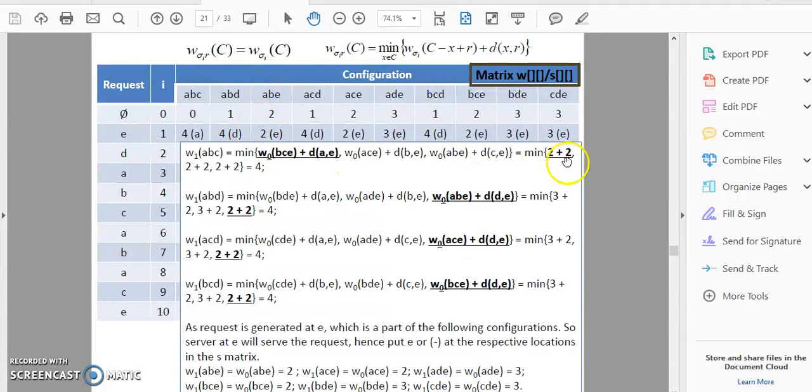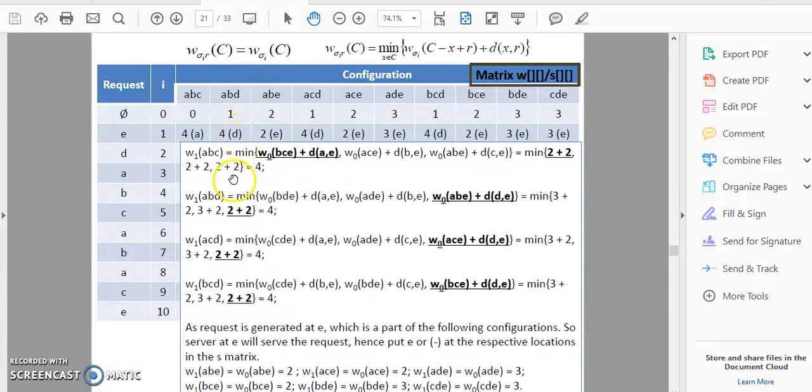So 2 plus 2, and all of these entries are 4. We will take the minimum of them, first taking the first entry, which is also 4, and this entry came by removing A and adding E in its place. So we have written here A.